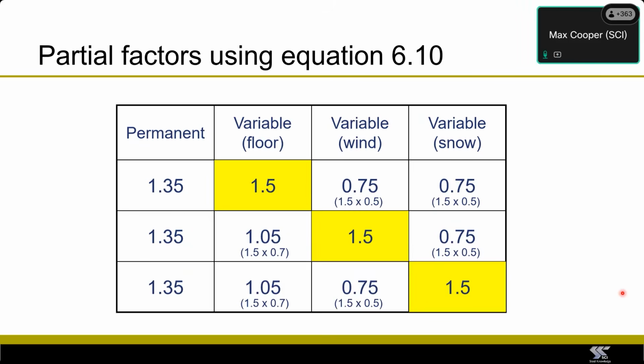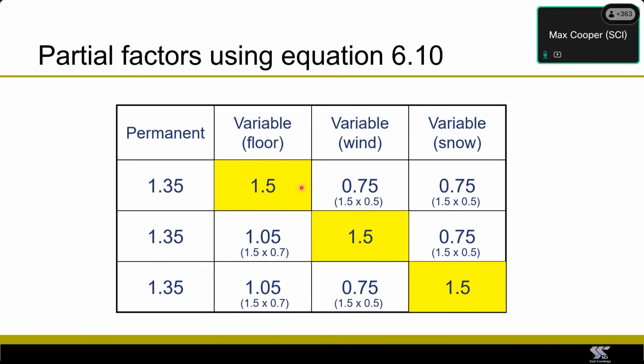So now here's a table which shows you how you would want to combine these partial factors using 6.10. And you'd have to basically go through each one of these for the load levels you have and find the governing load combination. So we start with floor load being the leading variable. When we combine that, we would combine it with wind, well, in this instance, wind and snow.